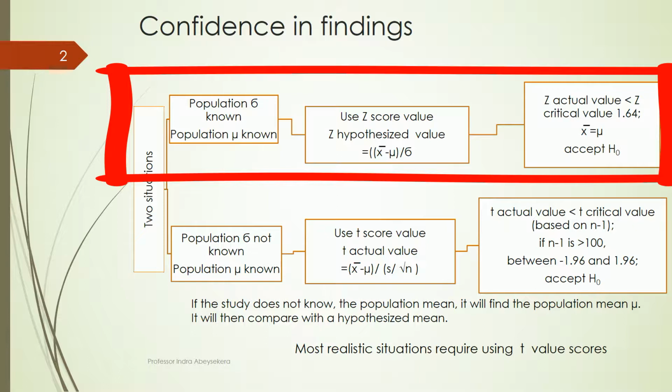And because x bar equals mu, we accept the null hypothesis because the current situation prevails. If the two don't equal, then we reject the null hypothesis because the current situation does not prevail.